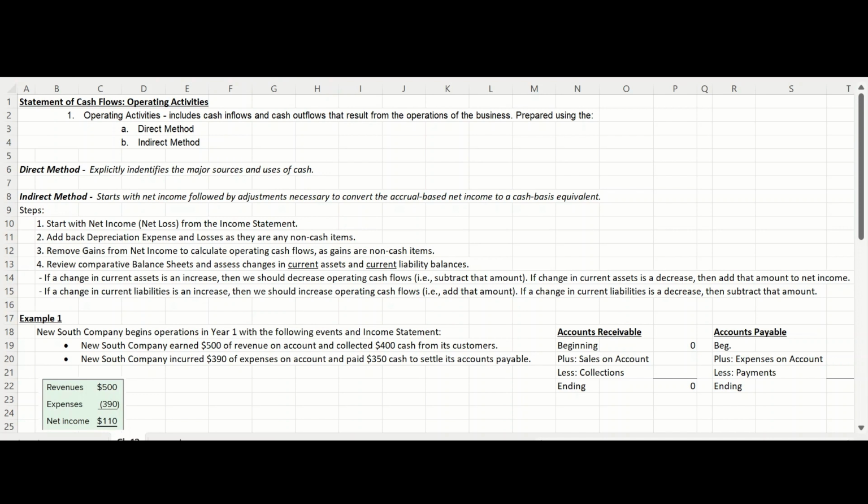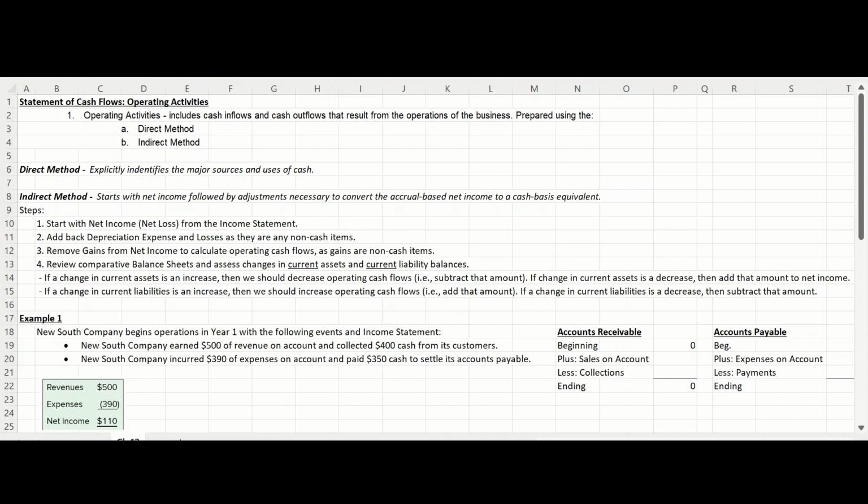But step 2, we'll go to the income statement and find depreciation expense, as well as any losses on sales or disposals. Because these amounts are non-cash items, they will need to be added back to net income to arrive at the cash flows of operating activities.